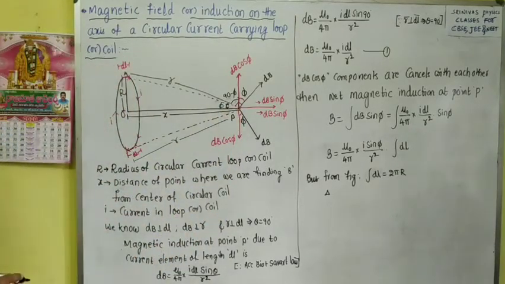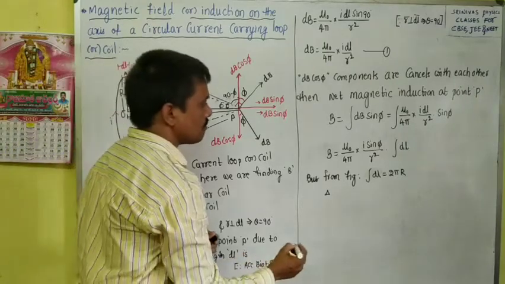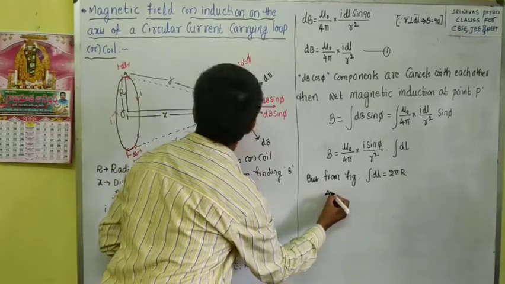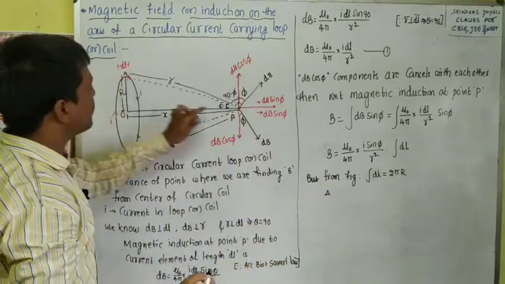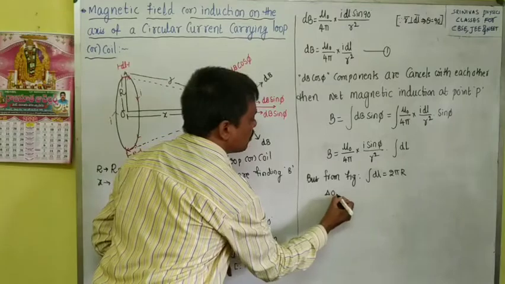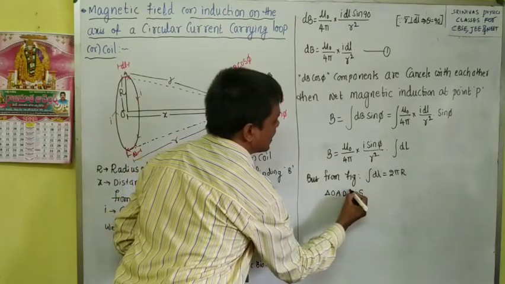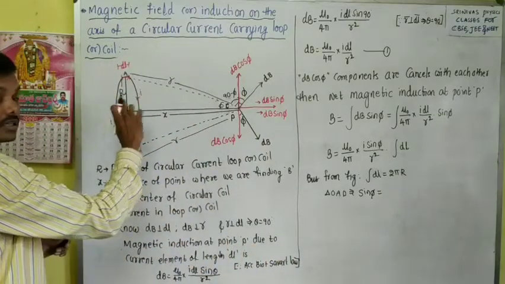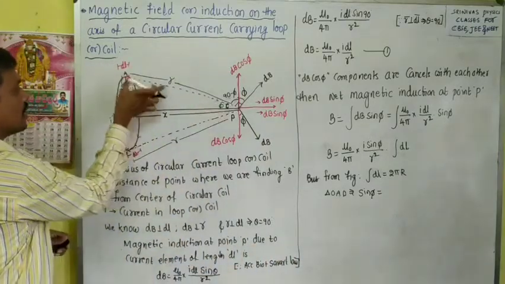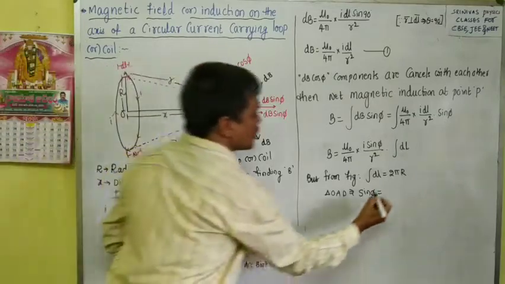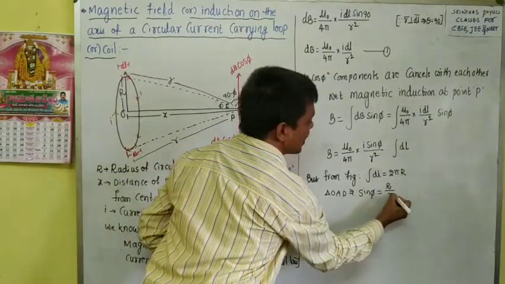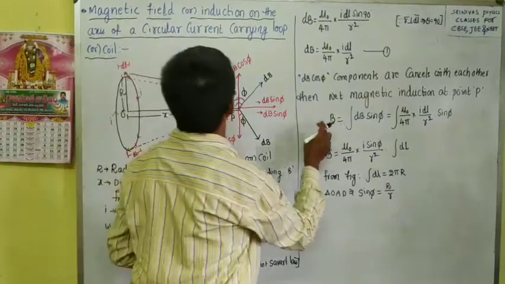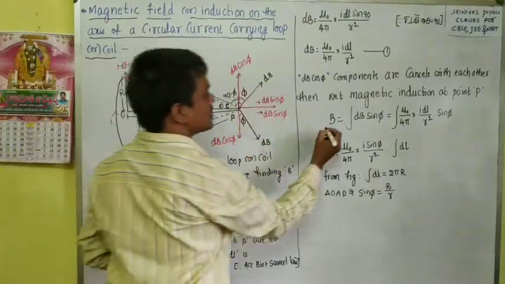And for sin phi, from triangle OAP we write: sin phi is the opposite side by the hypotenuse. The opposite side is capital R, the hypotenuse is small r, so sin phi is capital R by small r. This you substitute in the above equation. This is the magnetic induction on the axis, we write B.